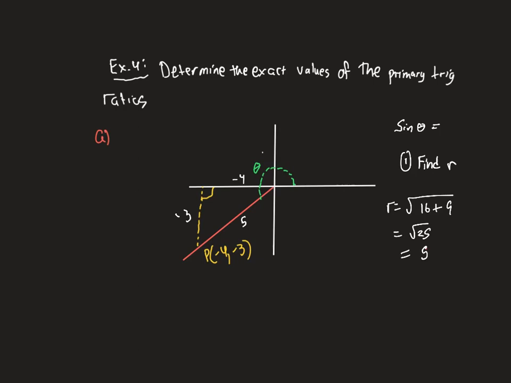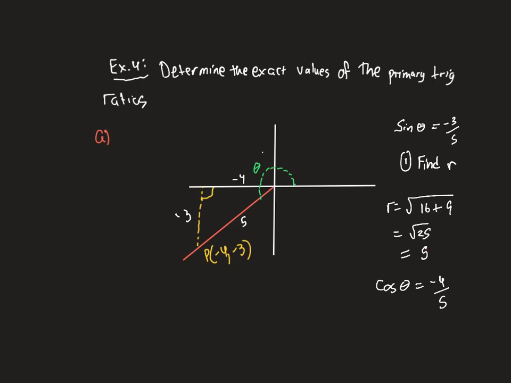Now that I know this, I can do my sine, because sine is going to be y over r. So that's going to be -3 divided by 5. I also know that cosine of theta is going to be x over r, so that's -4 over 5.